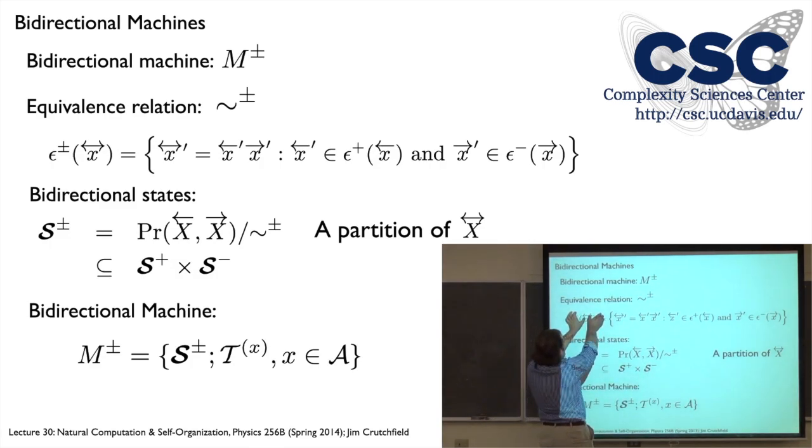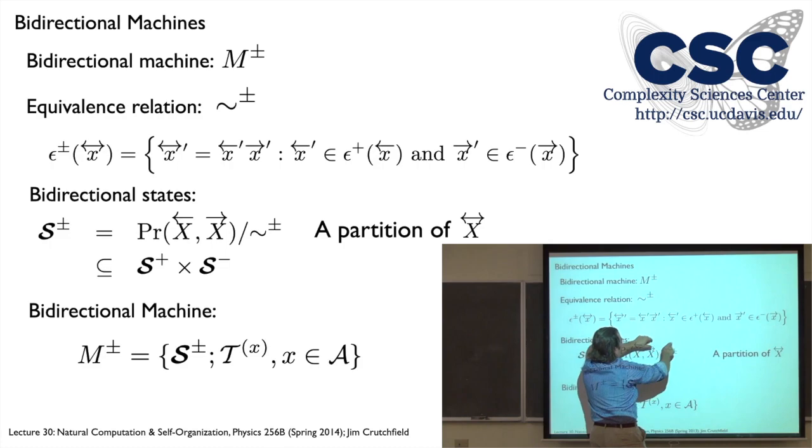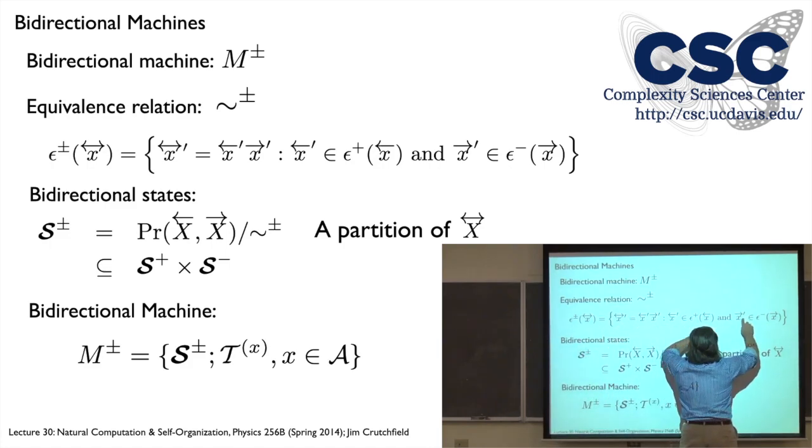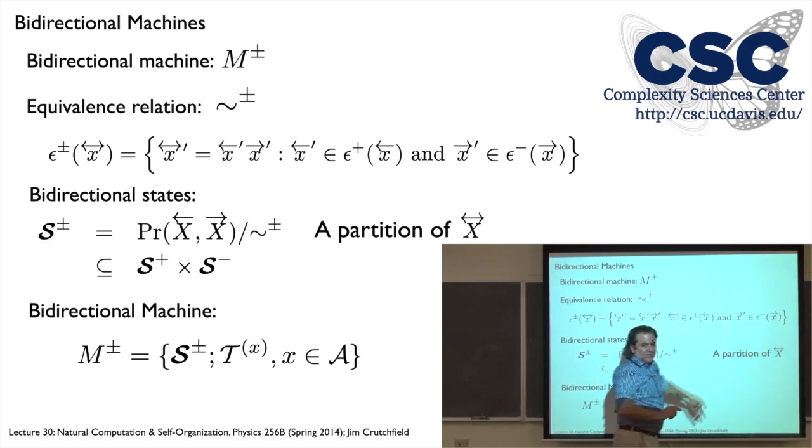It has x past, x future, and then in that equivalence class are all the other realizations whose pasts are associated with the forward causal state that would correspond to the original bi-infinite, and whose futures are in the equivalence class of the futures for the reverse causal state.